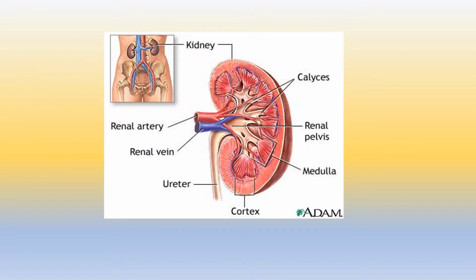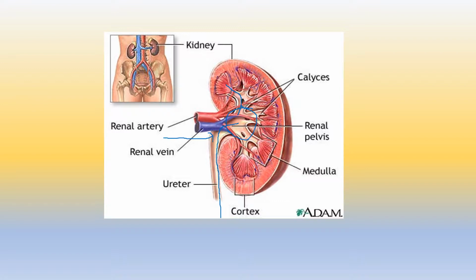So here we are. We can look at the collecting system here. We can see that the urine is formed in the nephrons. It travels down here into the pelvis of the kidney. It collects in the pelvis of the kidney, and then it goes down the ureter. This is the UP or ureteropelvic junction.